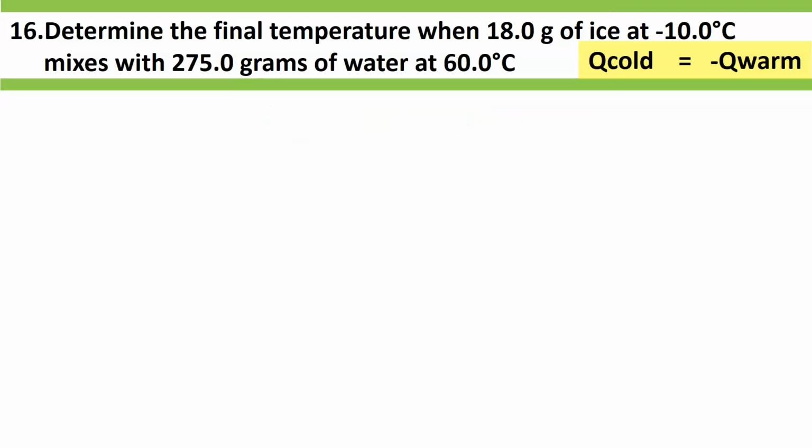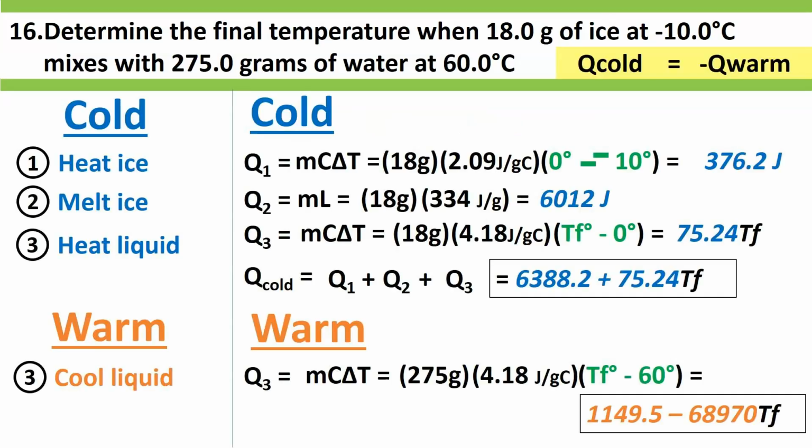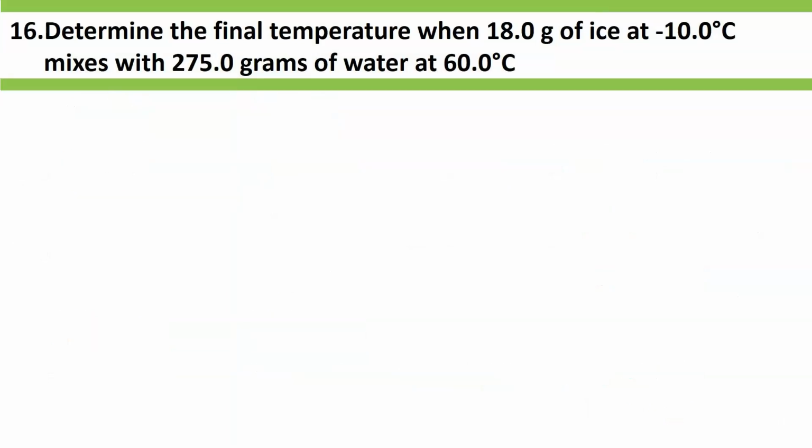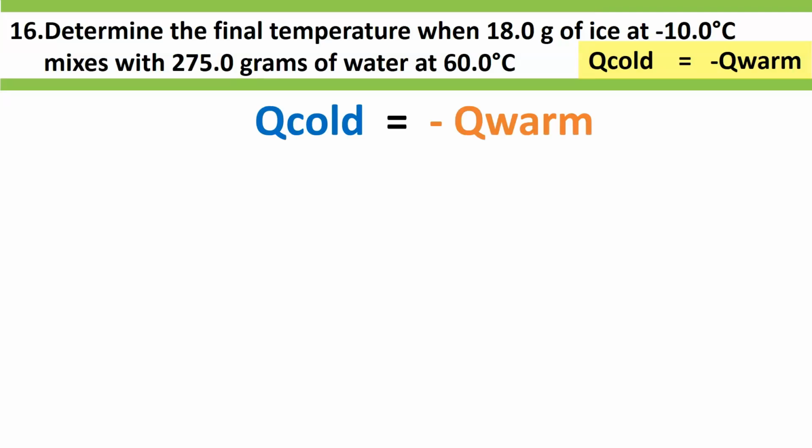You're going to take the answers over here because you know what Q cold and Q warm are, and you're going to plug those in. But here's a quick suggestion. Because of this negative sign, you have to distribute that. We get double negatives. People make mistakes. Here's my suggestion. Just move it to the other side.